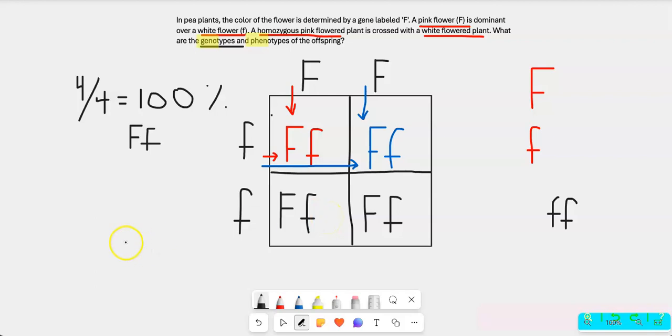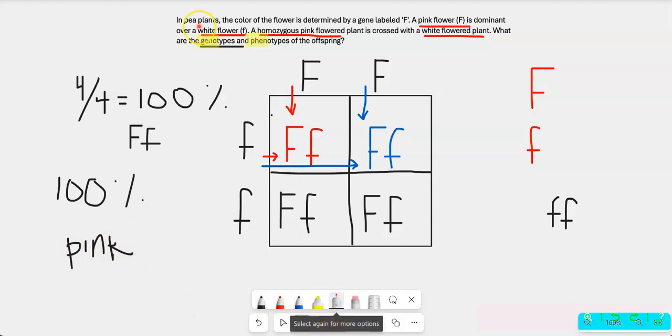No. So that would mean 100% of our offspring, because we just calculated that there's only one genotype with our Punnett square, are going to be pink. And so those are our two answers to the questions of what's the genotypes and phenotypes of the offspring.